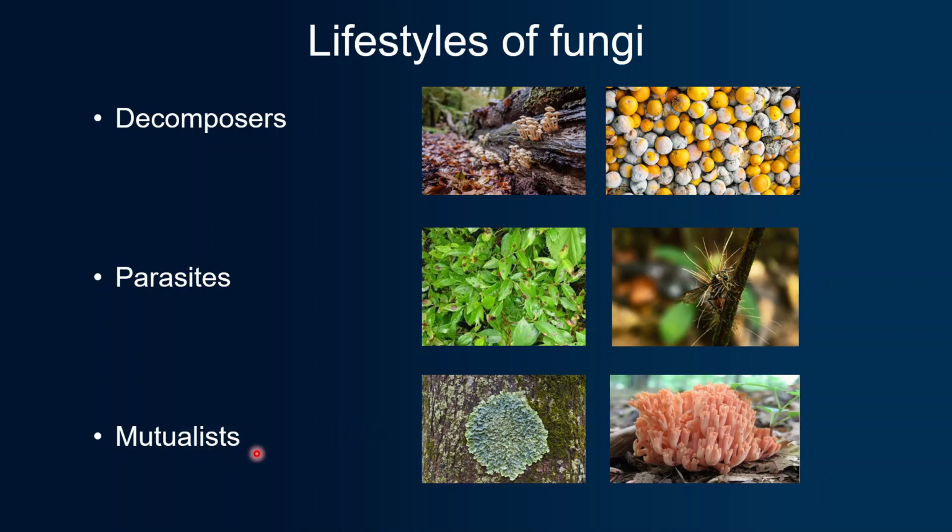And some fungi would form so-called mutualistic relationships with, let's say, plants. This is a lichen. It's a fungus plus cyanobacteria, photosynthetic bacteria. Altogether, they form a lichen that can grow, let's say, on a tree or on a stone or on the soil.